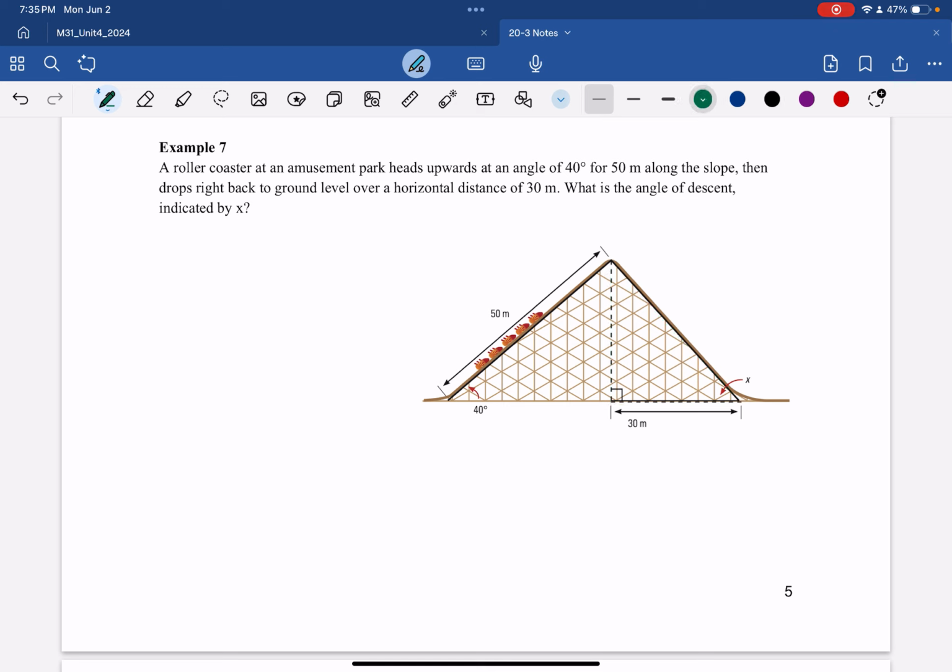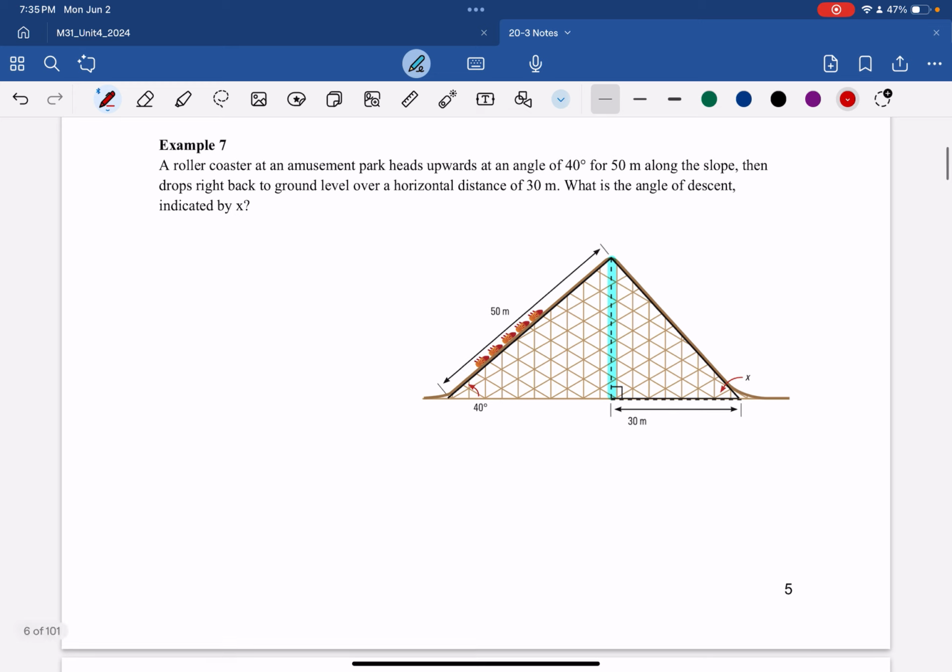Okay, so to do that, the only piece of information that is shared between these two triangles is this side length. So let's figure that out. So I'm given the angle. This 50 meters is my hypotenuse, and this blue line that I've colored is going to be my opposite. And I'm going to call it y, just to give it a variable. So if I'm looking at opposite and hypotenuse, I'm going to use sine, which is opposite over hypotenuse.